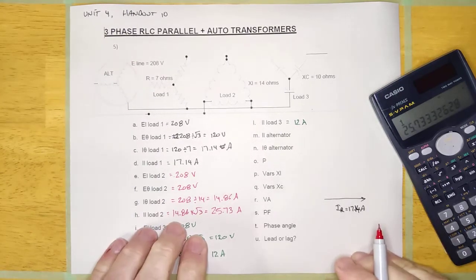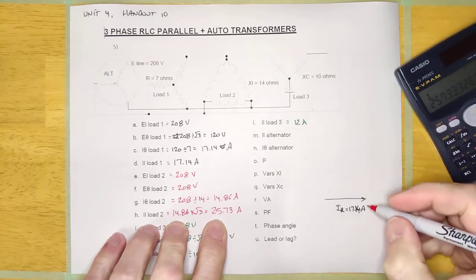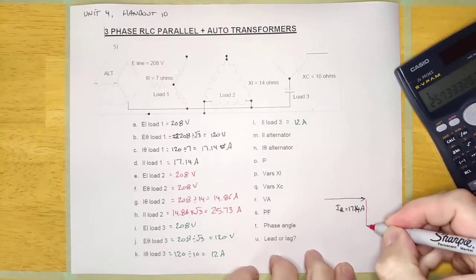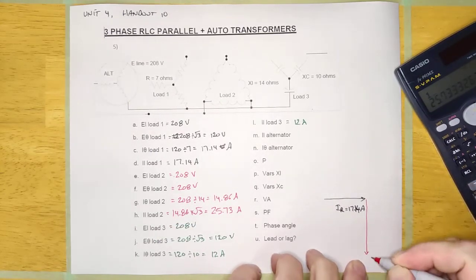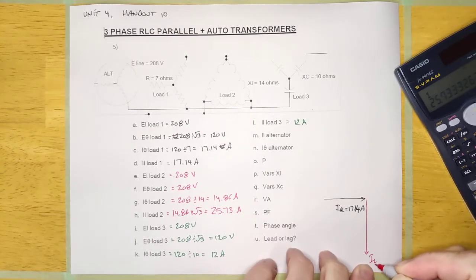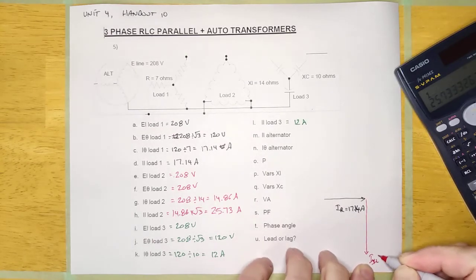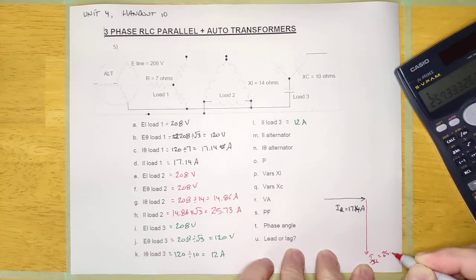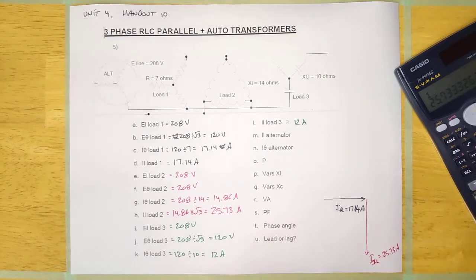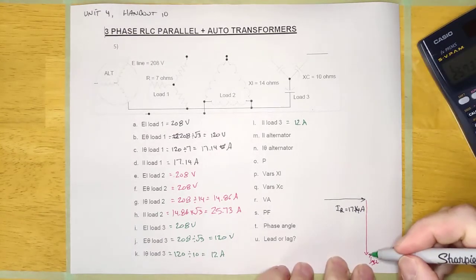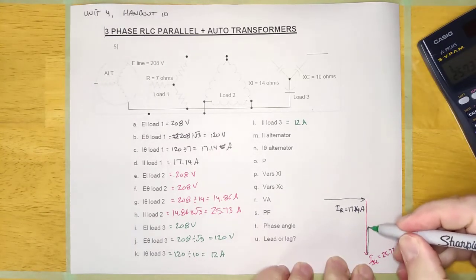I line load 2, 25.73, that's lagging. It's an inductor. We'll call that IXL. And I line load 3 is 12 amps. I'm going to call that IXC.